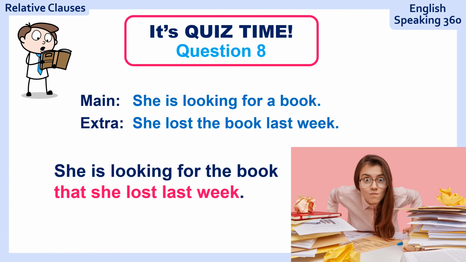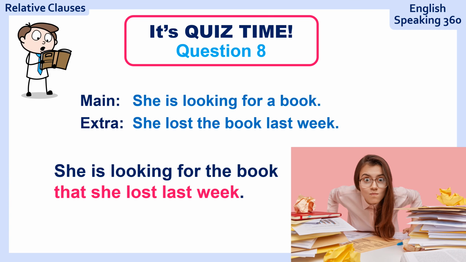But it can also be after the main clause. The relative clause always follows the noun that it gives more information about. So that's why in this case it's after the book, because the relative clause gives more information about that book.